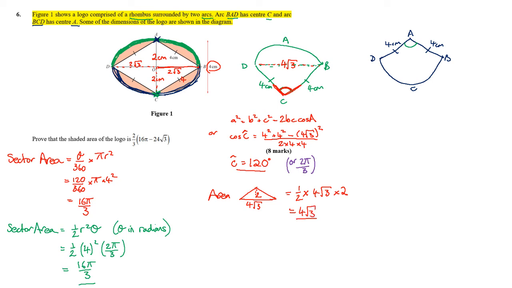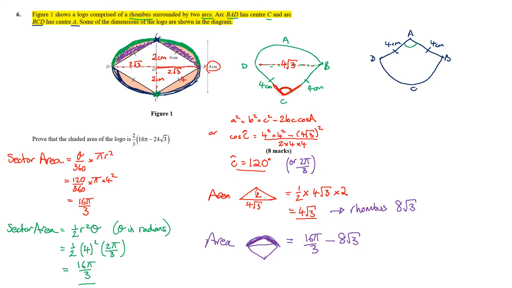So if I just look at this shaded section here, just those two parts, the area of those bits is going to be my sector area, 16 pi over 3, minus the area of that triangle. I say it's going to be minus twice the area of that triangle, isn't it, the rhombus? So rhombus must be 8√3, so minus 8√3. So that's that area there.